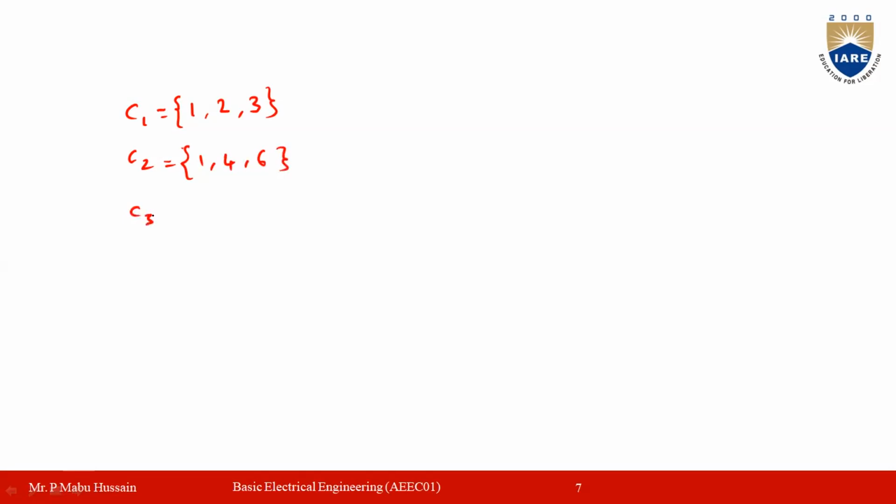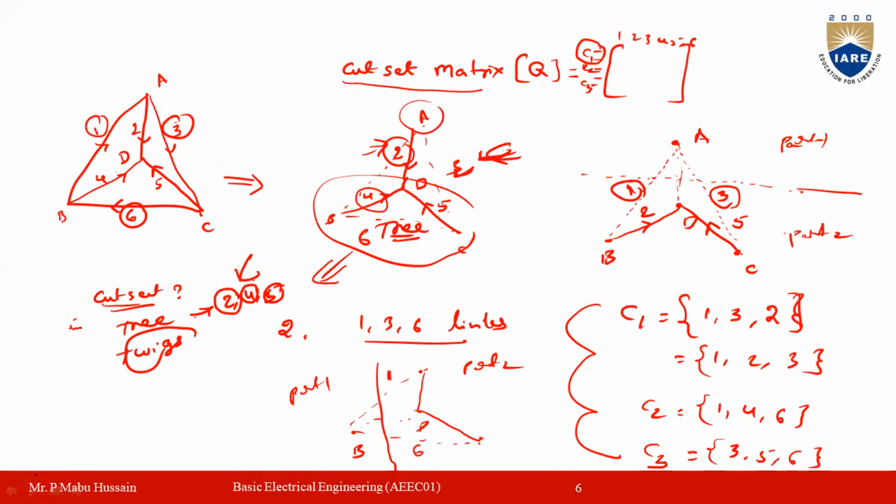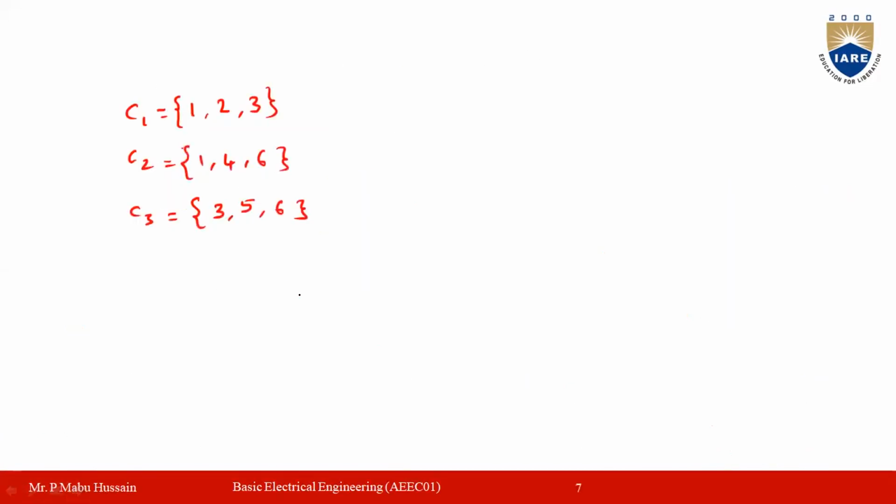And cut set C3 is with 3, 5, 6. Okay, right. Now if you represent the tree along with the links, so this is your tree. The direction is on this side, and you are having the links here.